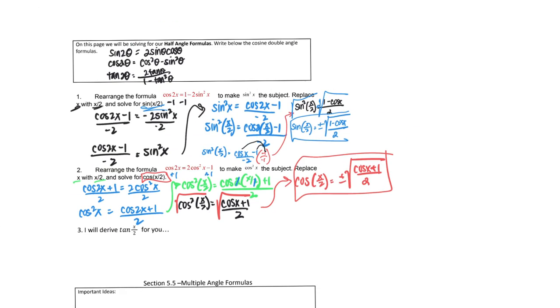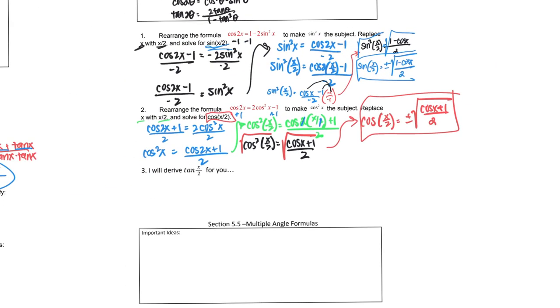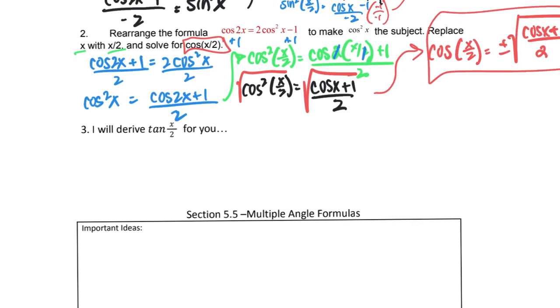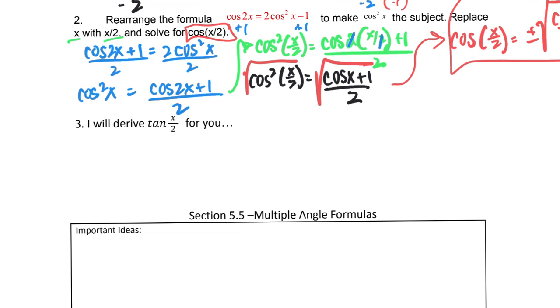All right, and let's see, I will derive tangent of x over 2 with you. We're going to use sine squared, cosine squared, and tangent squared using the Pythagorean identity and double angle formula. This is another one of those formulas that I'm just going to give to you.